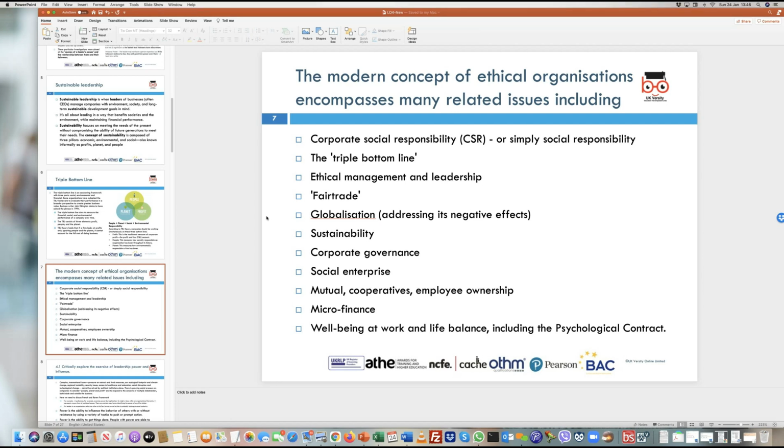So these are some of the topics which are related either to ethics or to, for example, sustainable leadership. Why do I use the term sustainable leadership? Because there is no way these policies can be put into practice without the buy-in from the management.